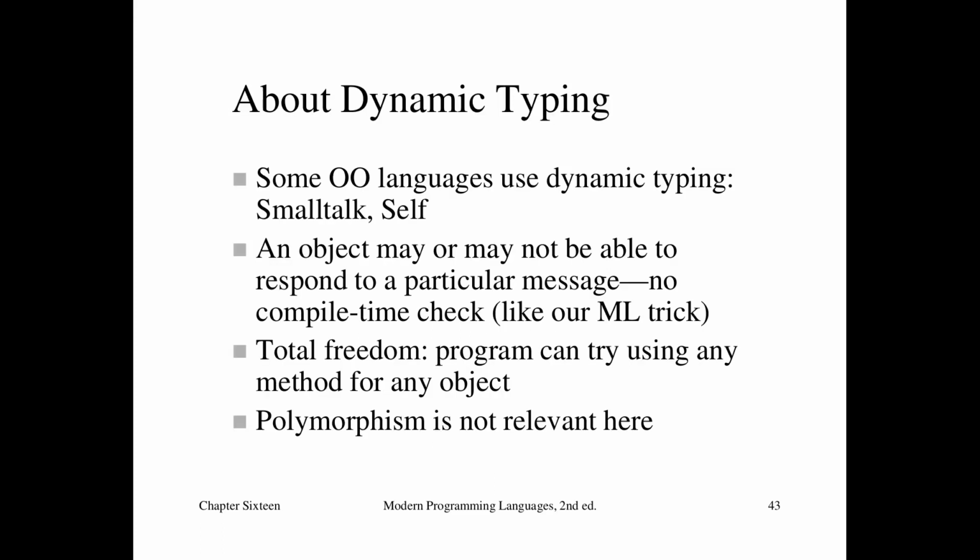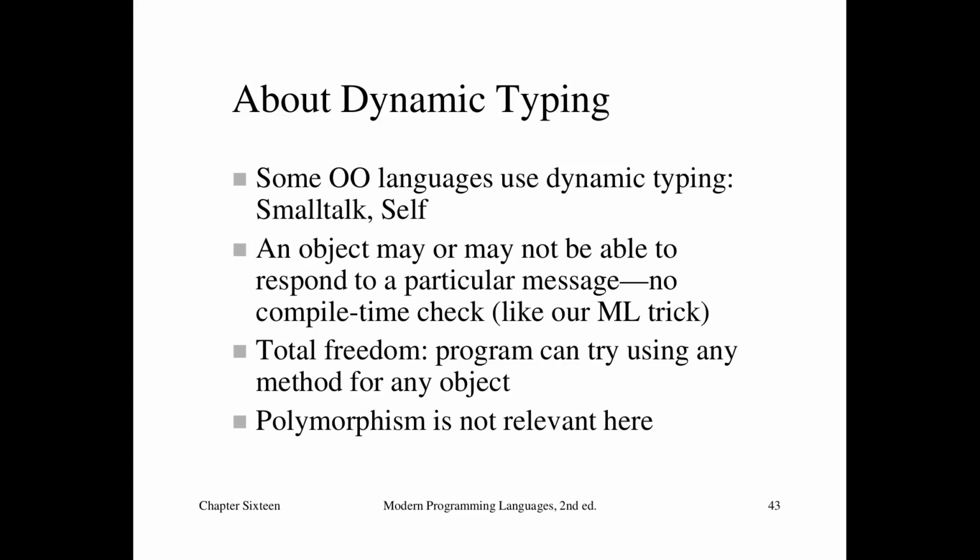On the other hand, when you have a language like Smalltalk, which is a dynamically typed language, or Self, or Ruby, you have dynamic typing, which means that an object may or may not be able to respond to a particular message or method call, because there's no compile time check. So essentially we could call any method on there, and if it's an unknown method for that type, it will just throw an error.